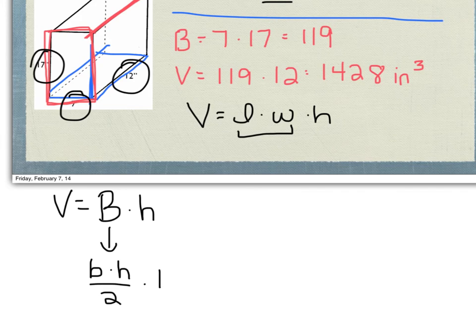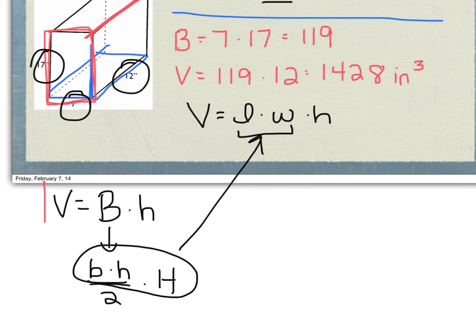And then you multiply by the height of the prism. Well, this here is really going to be the same as that length times width times height thing that we just talked about, and then you just divide by 2. So yeah, you could use that if you wanted to. It gets a little tricky if you start remembering all of these different formulas, like, so for a rectangular prism I do this, and for a triangular prism I do this. So that's why I try to keep it really general. Just stick to this, okay? Area of the base times the height.